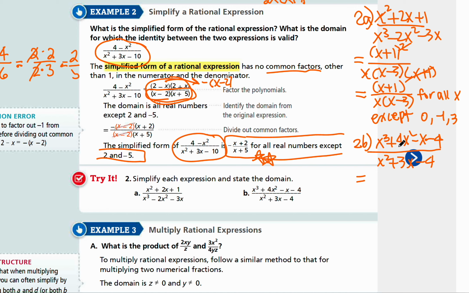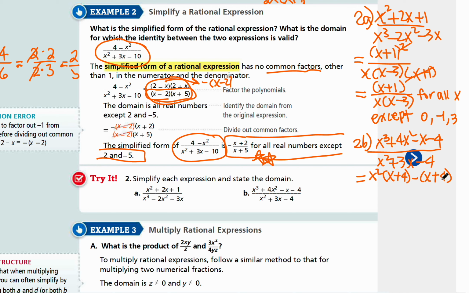Factor the first two terms with the common factor x squared, then you have x plus 4. And then you have minus parentheses x plus 4. If you distribute the negative, you get negative x minus 4, right? So you can factor the negative out of the third and fourth terms here.